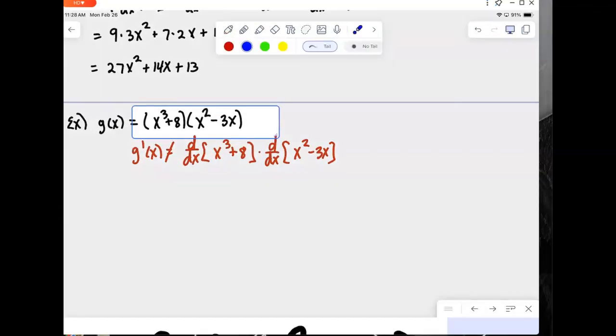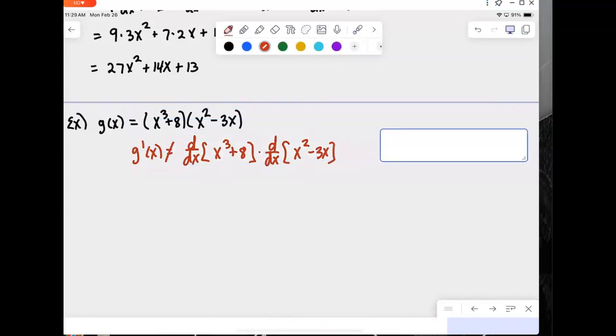Okay, sorry about that. As you can see, the battery was running out. I had to plug in. So we're talking about the fact that this doesn't work. We're going to actually see this in a minute when we work out this derivative. Just so you can see, if I did do the derivative of x cubed plus 8, derivative of x cubed would just be 3x squared.